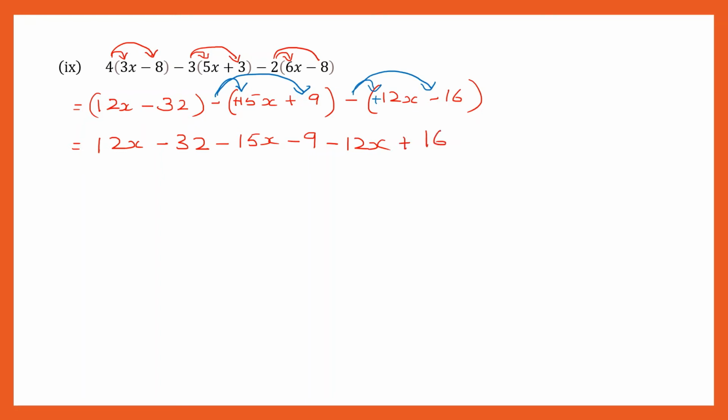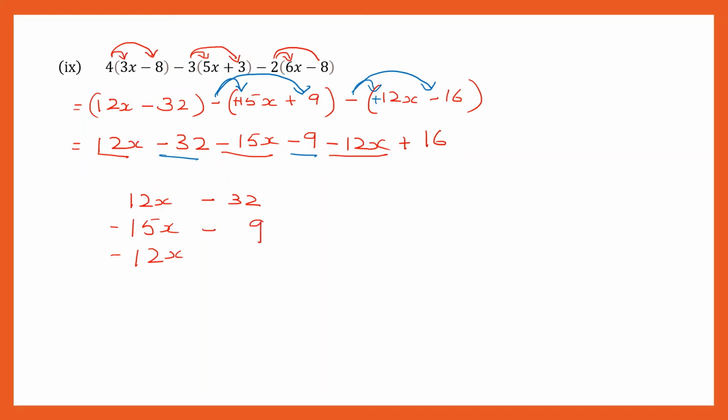So let's put all the x together. 12x. Okay. Now minus 15x minus 12x. Now let's take the whole numbers. Minus 32. Then we have minus 9.